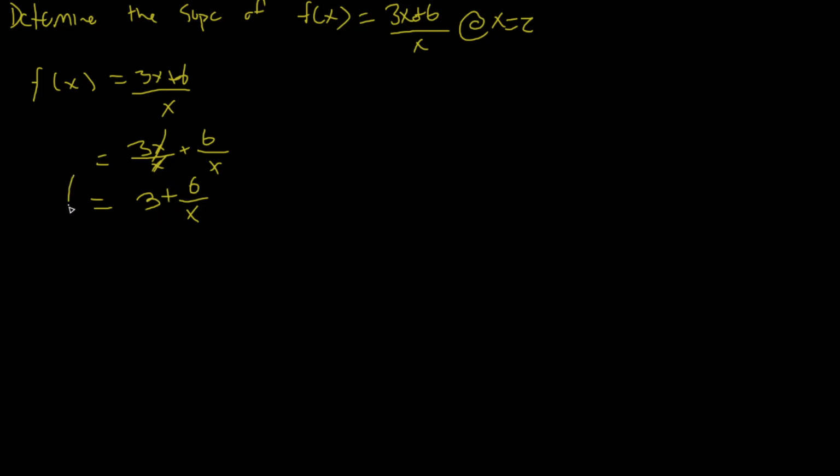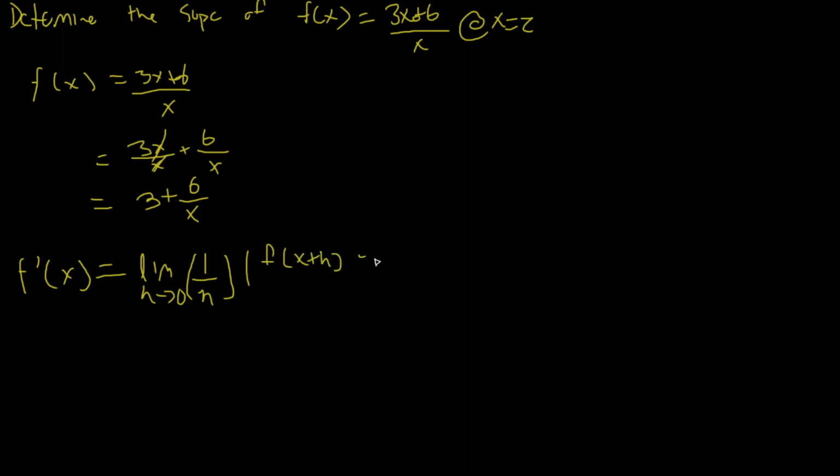Now, with this in mind, for my f prime at x, I'm not going to write it as a fraction over a fraction. I'm going to instead drag my h out here. I'll show you. Of 1 over h times f at x plus h minus f at x.